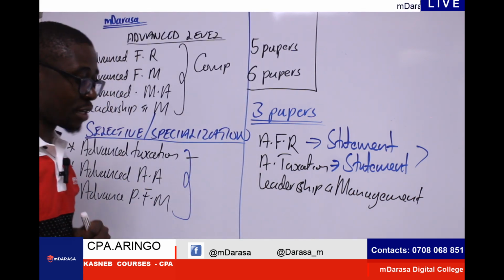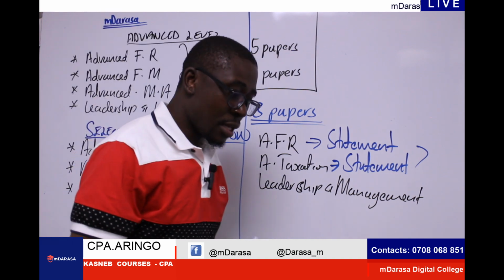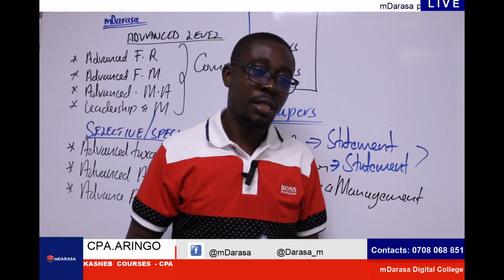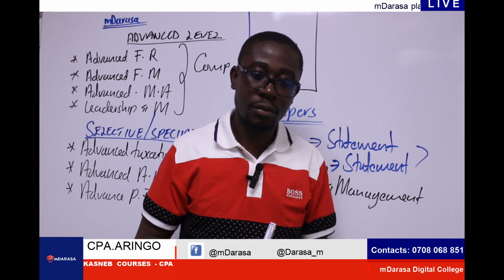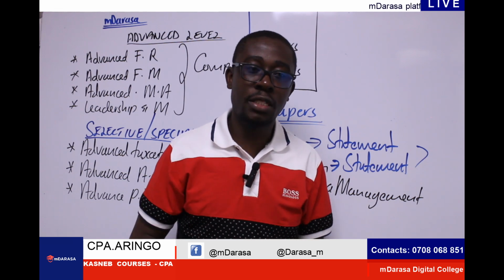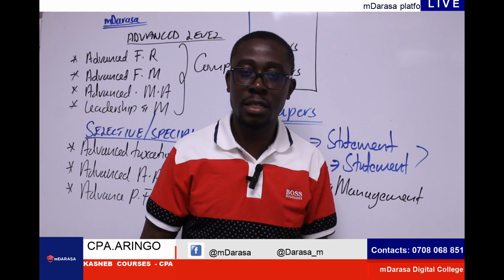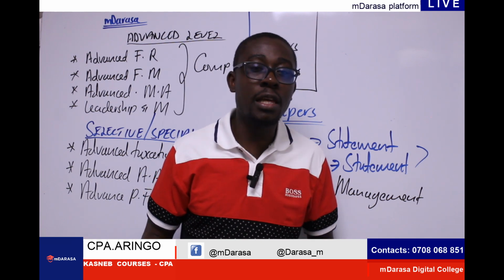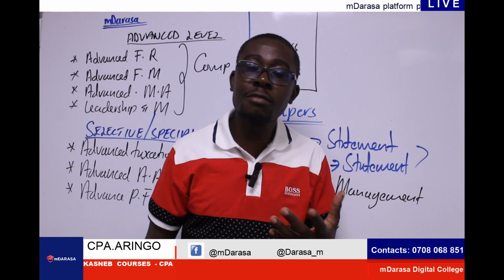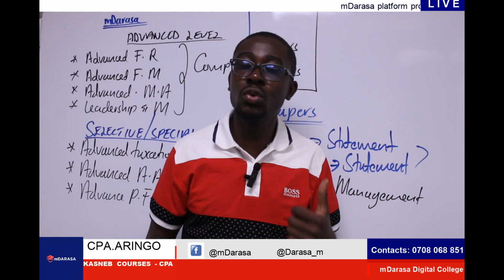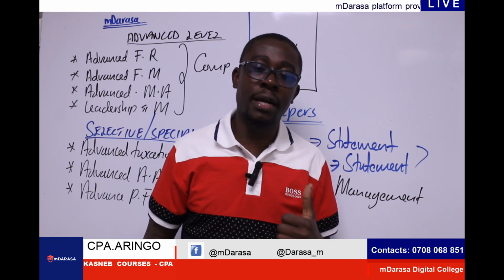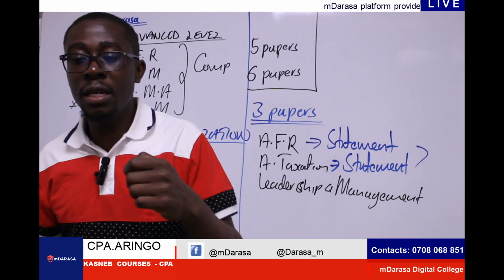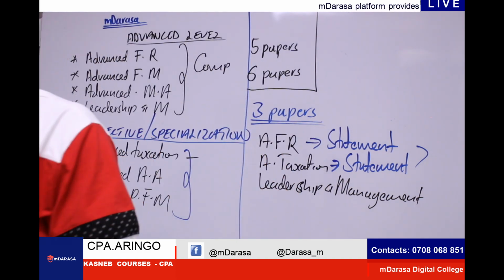Auditing and assurance, advanced. This paper in advanced level is more investigative. Take your papers for advanced auditing and assurance; the questions that have been tested, you realize that the majority are investigative. At this point, it requires you to be a very open-minded student, and to be good with analytical skills.